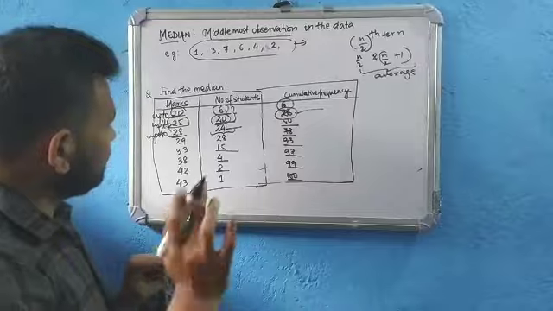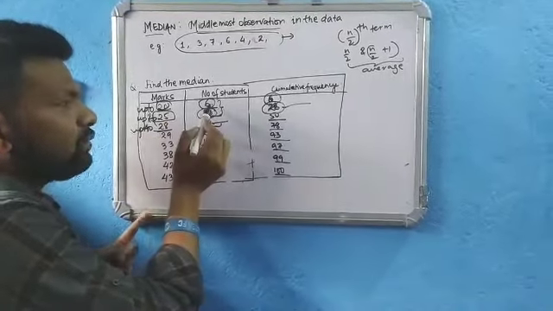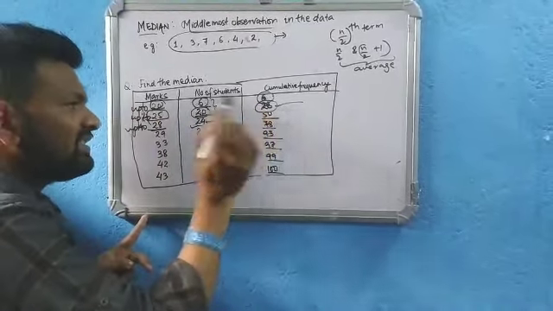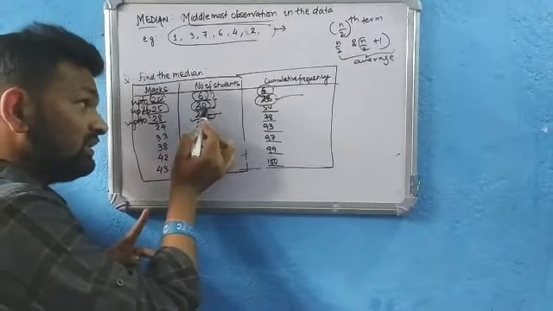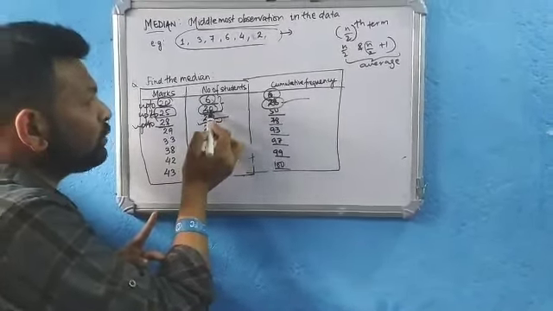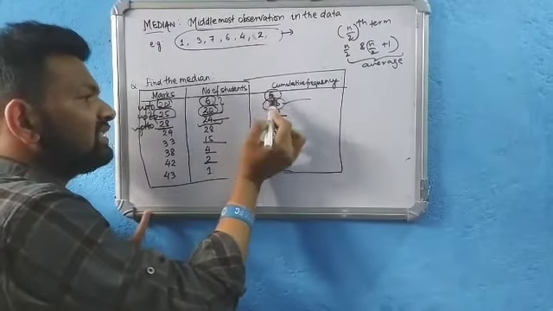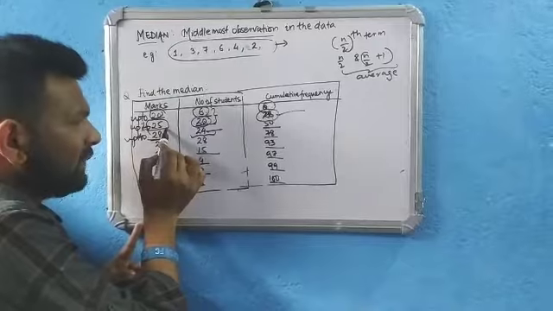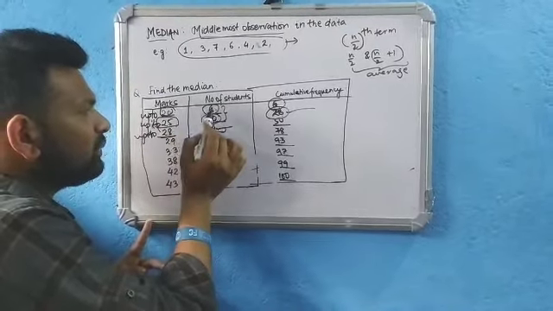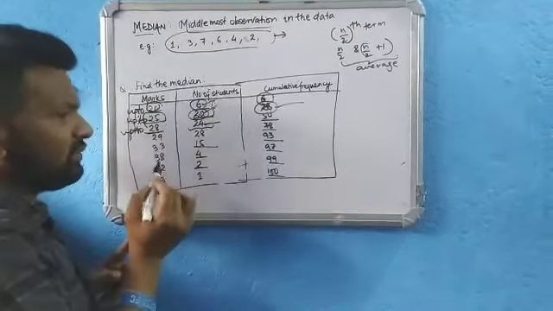Even though I will repeat, 20 marks was scored by 6 students. Cumulative frequency 6. No problem. 25 marks was scored by 20 students. Cumulative frequency is 20 plus 6, that is 26. Why? Because up to 25 marks was scored by 6 students plus 20 students, isn't it?